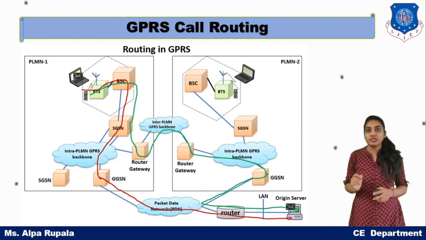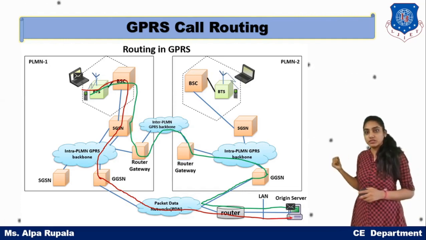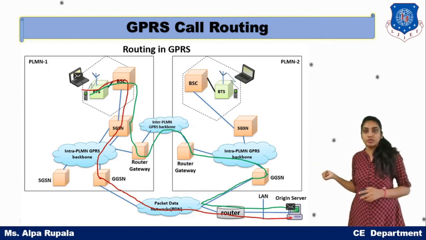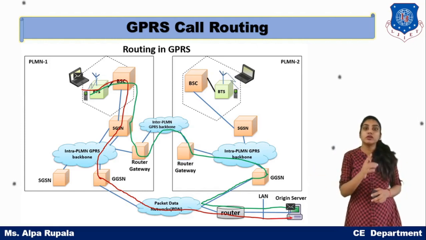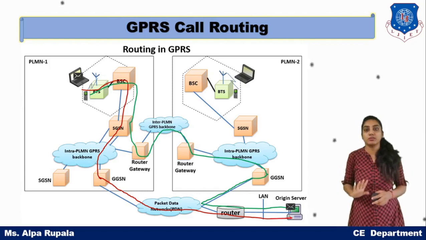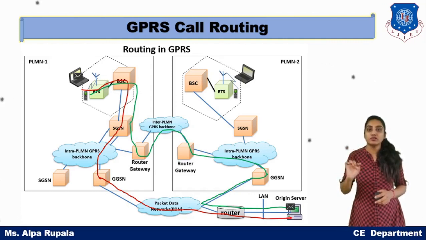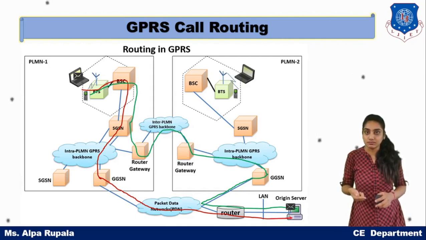Now you can see the green line, which is from the server, the external packet data network, to the GGSN of PLMN2. Now from that PLMN2 GGSN, your response will be sent to the home SGSN.